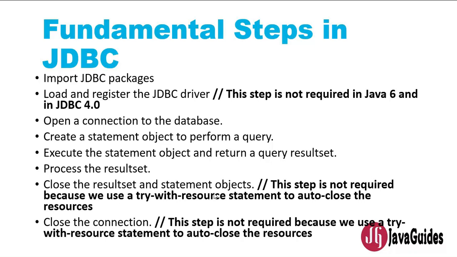We can use this feature to automatically close the JDBC resources. In this JDBC tutorial course, we are using the try-with-resources statement in order to close the JDBC resources. And look at the final step here. This step is also not required because again we will use the try-with-resources statement to automatically close the resources.